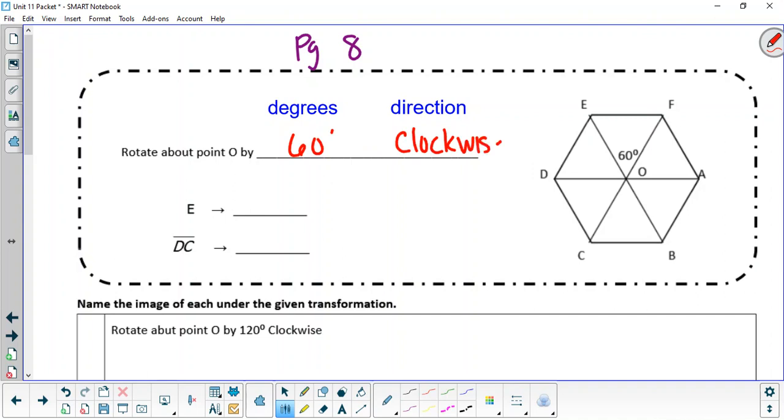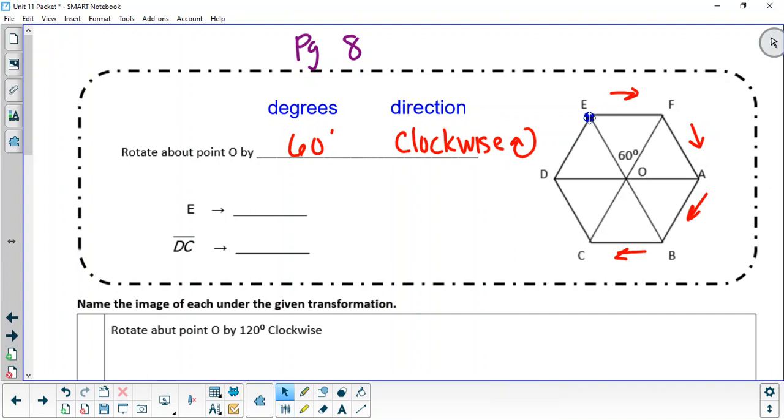Remember, think of how the clock turns. Clockwise is this way. So if we start with point E, and each jump is 60 degrees, and I'm turning it clockwise, it means I'm going in this direction, all the way around.